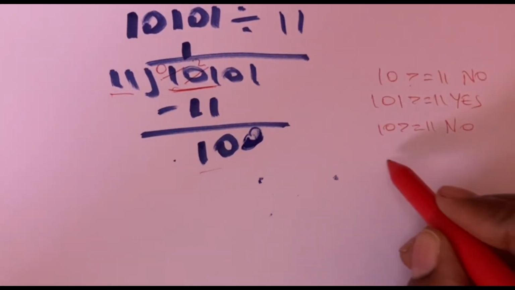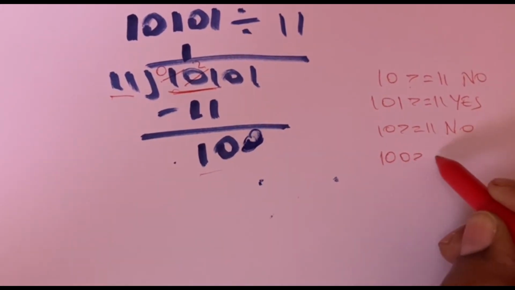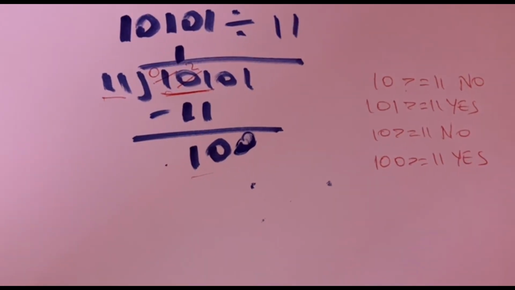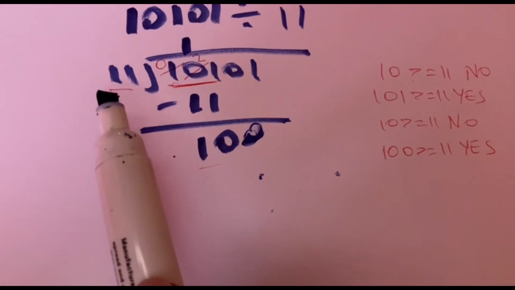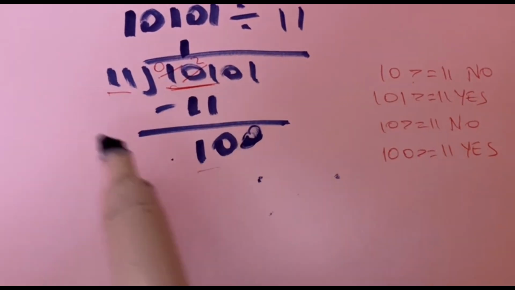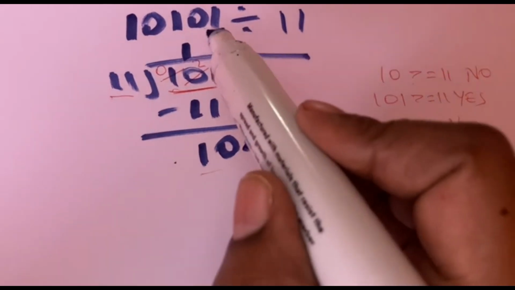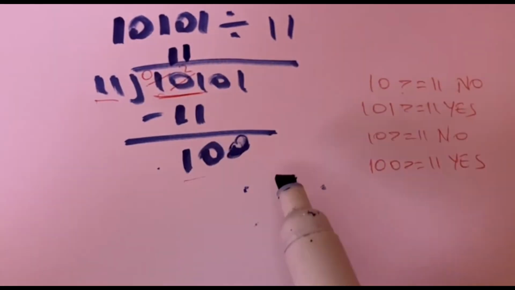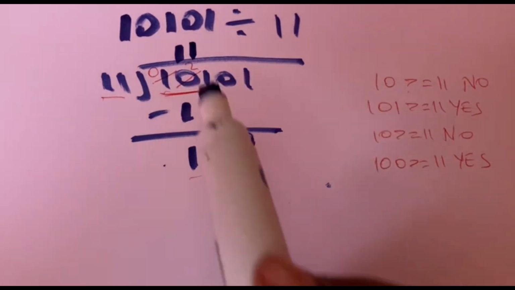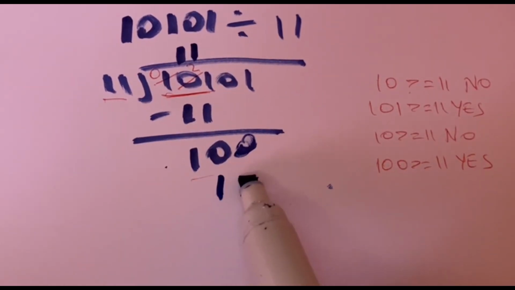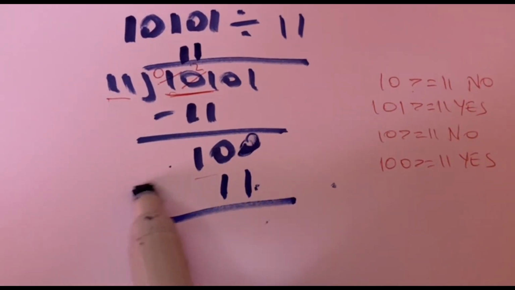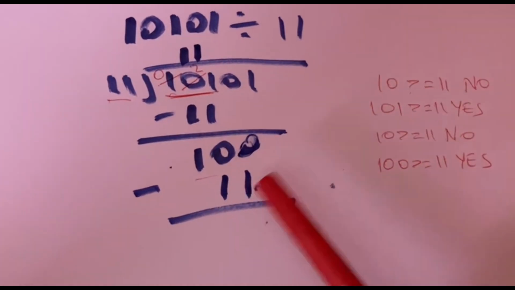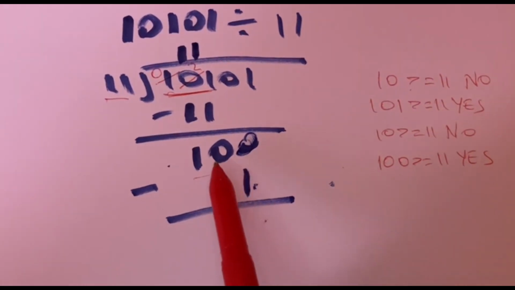So now is 100 greater than or equal to 11? Yes. So we have to divide 100 by 11. So how many times? 1 times. 1 times 11 is 11. Subtract. 0 minus 1. We cannot borrow from here.